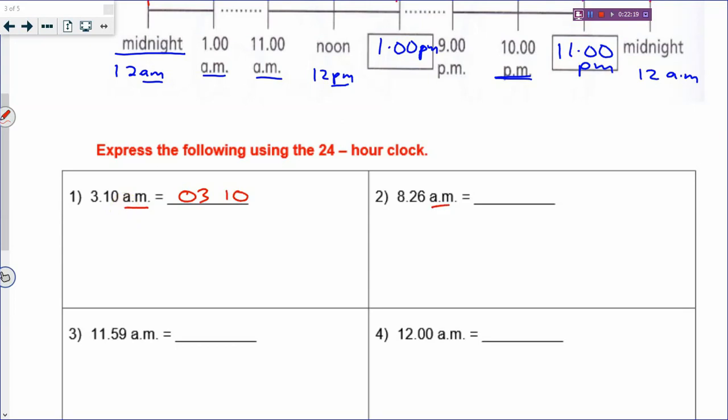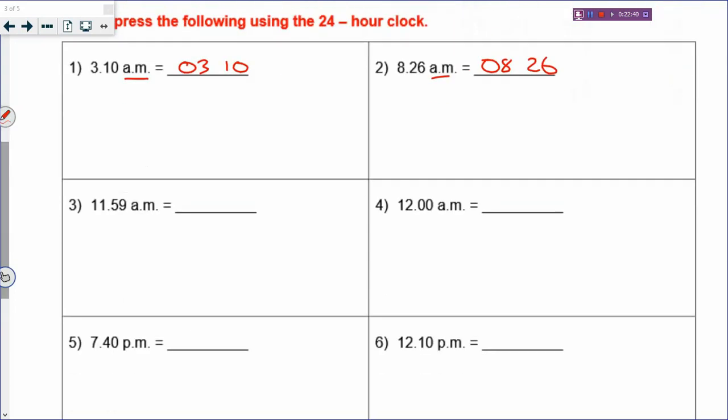How about 8:26 AM? Again, there are 3 digits in this 12-hour time, so I put a 0 in front because it's AM. The hours are 08 and the minutes are 26, so 0826. Now another one with 4 digits in the 12-hour time, like 11:59 AM.